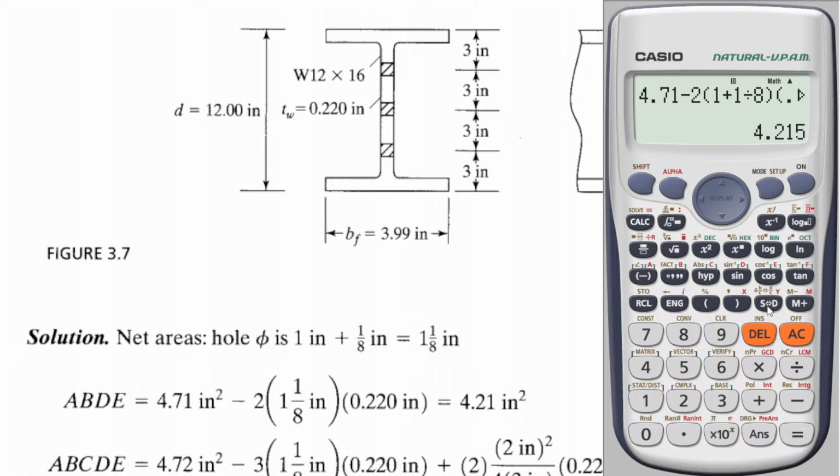So we are rounding off, and the 5 will be rounded up, so it becomes 4.22. Without using the calculator, we cannot find this out.